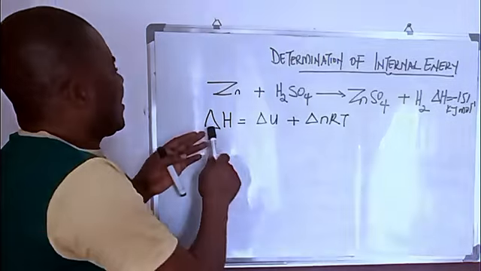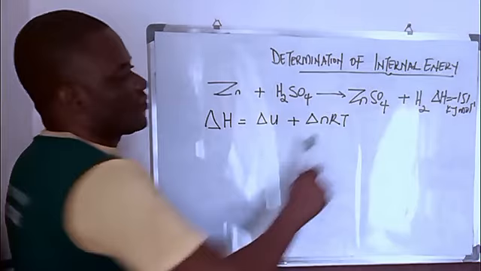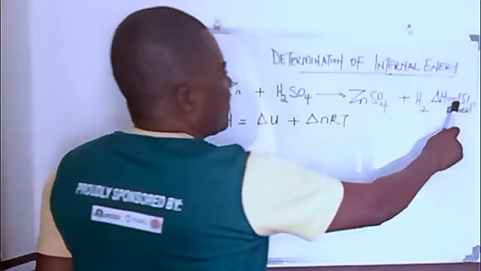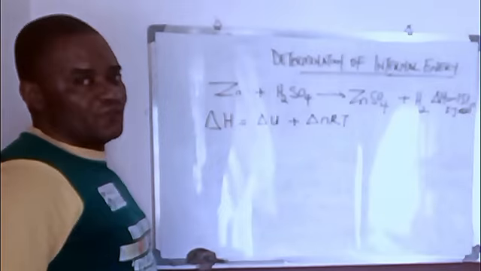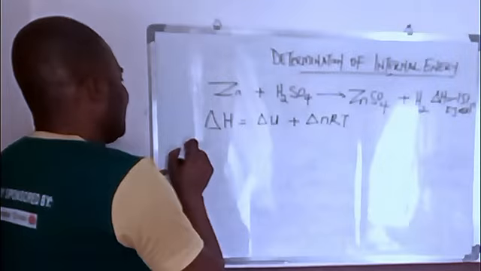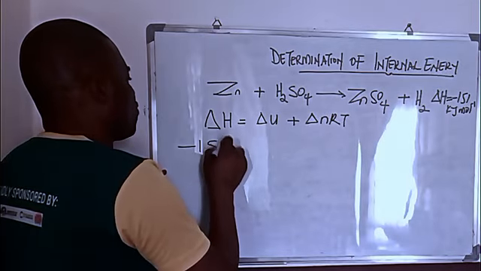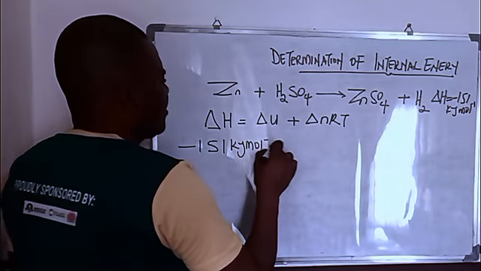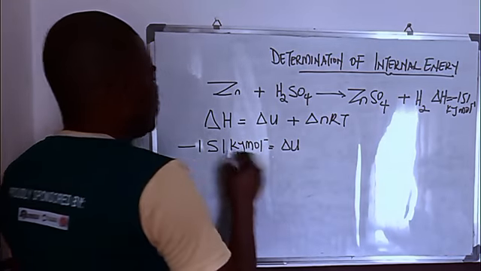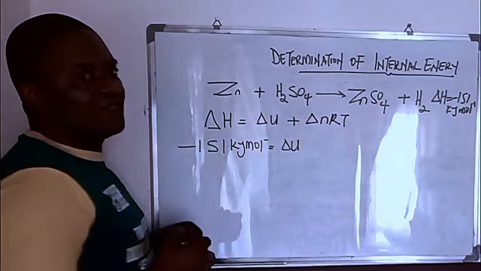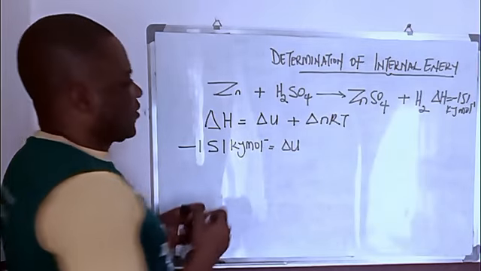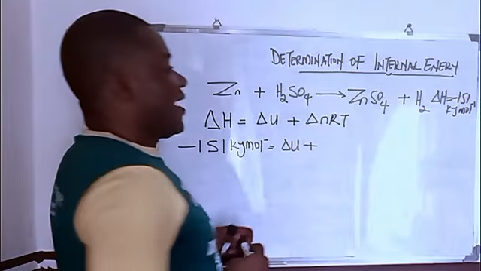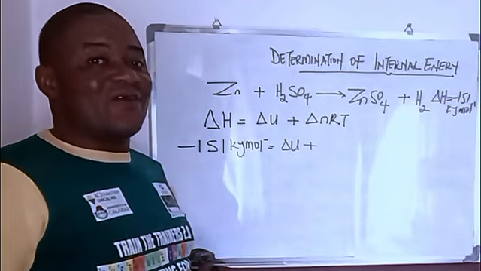Now, the change in enthalpy is given to us in this question, which is minus 151 kilojoules per mole. So we have minus 151 kilojoules per mole equals delta U, which is the change in internal energy, the factor we are looking for, plus delta n, and n is the number of moles of gases.